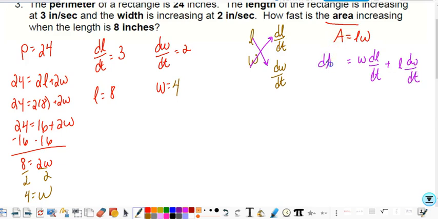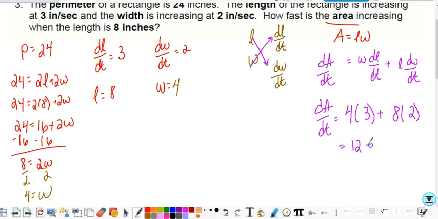Can't forget about my area rate. We want to know how fast the area, so that's my variable. Width is 4. The rate of the length is 3. Length is 8. The rate of the width is 2. So we get 28 inches squared per second for the rate of the area.